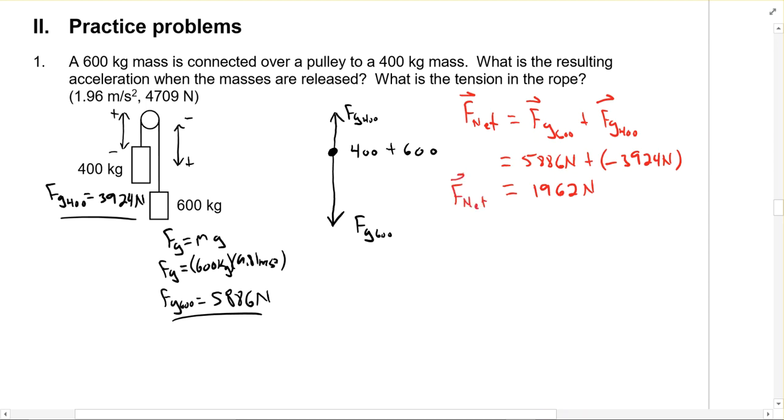Okay, so if I want to figure out the acceleration of these, acceleration is going to be equal to F net over mass, and knowing that mass is the mass of both. So acceleration is going to be 1,962 newtons divided by 400 plus 600 kilograms.